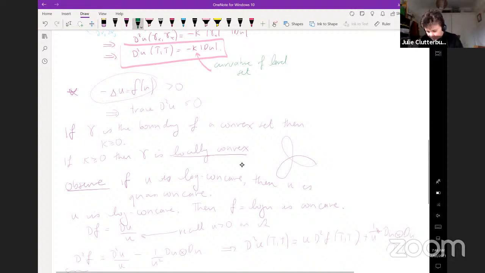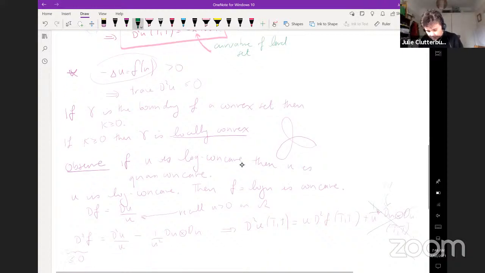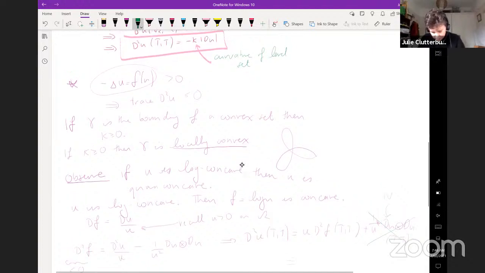But now we realize that du here is a normal direction to the level set. So all of this part here will cancel out, and this is equal to minus kappa du.